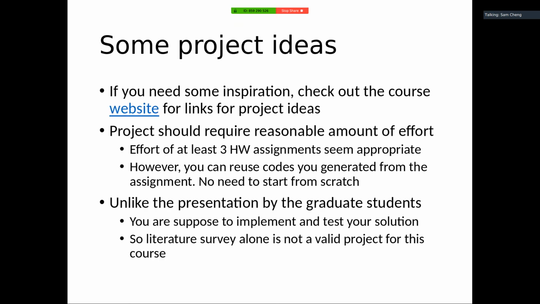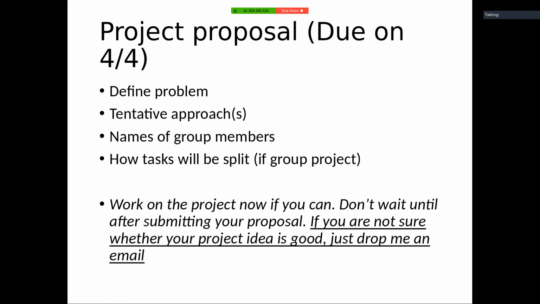In terms of the proposal, I would mention it first because that would be due first. You should, most importantly, define your problem, what you really want to tackle. Maybe you can put in some approaches already, but you may not be constrained at that point.